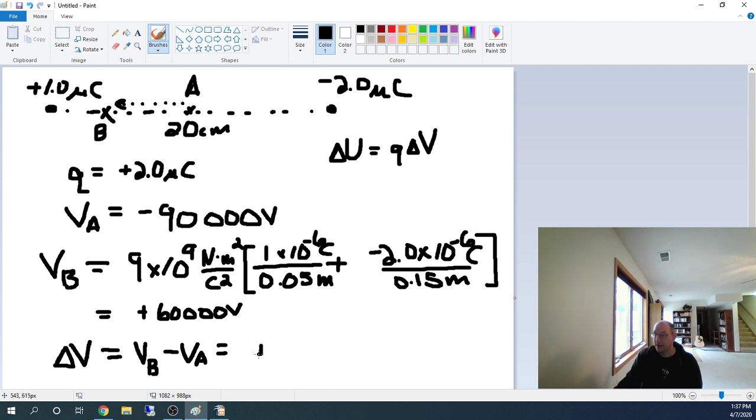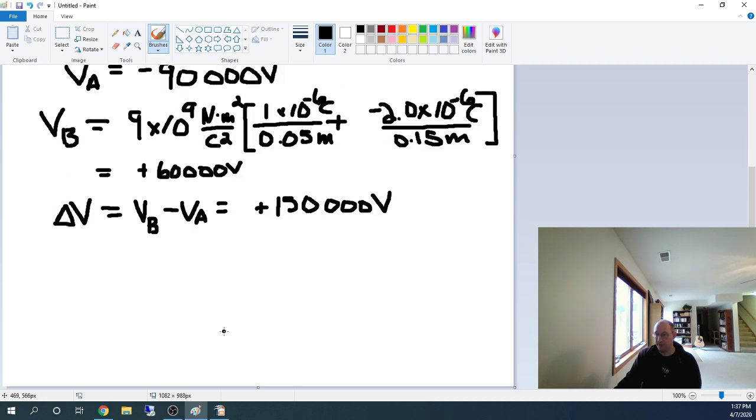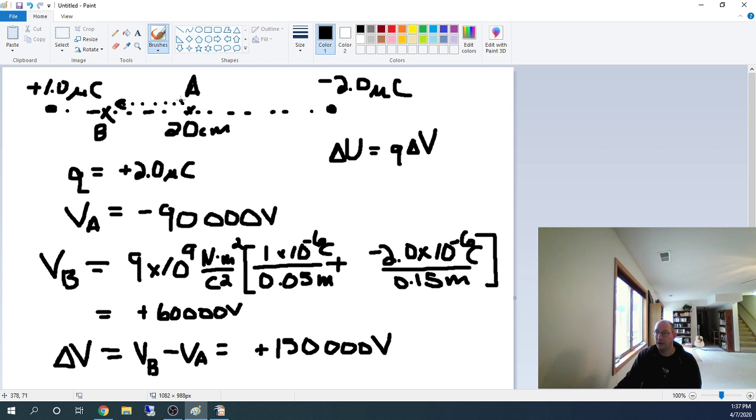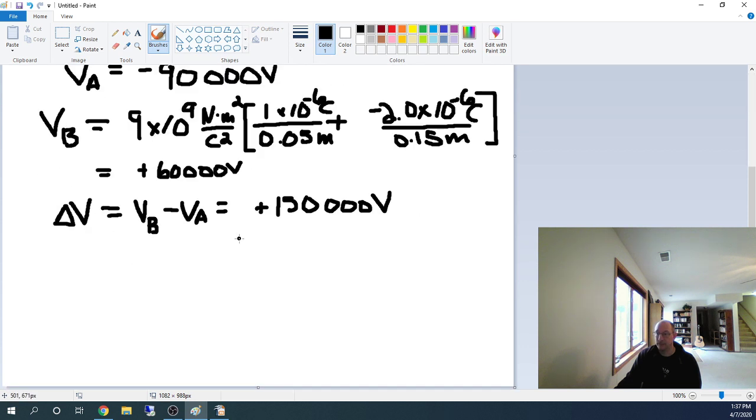So this is an increase in voltage, 150,000 volts. Okay, so we've gone from negative 90,000 to positive 60,000 volts in going from point A to point B.